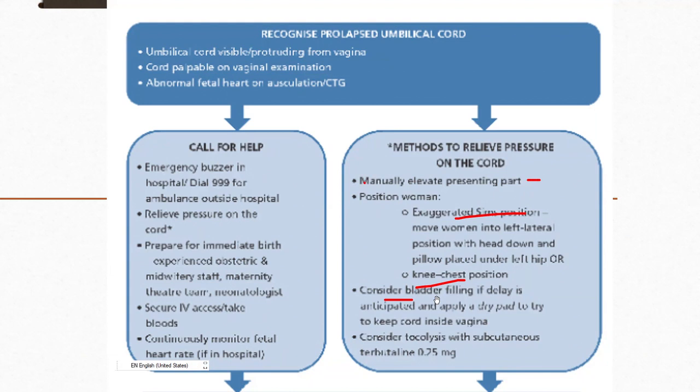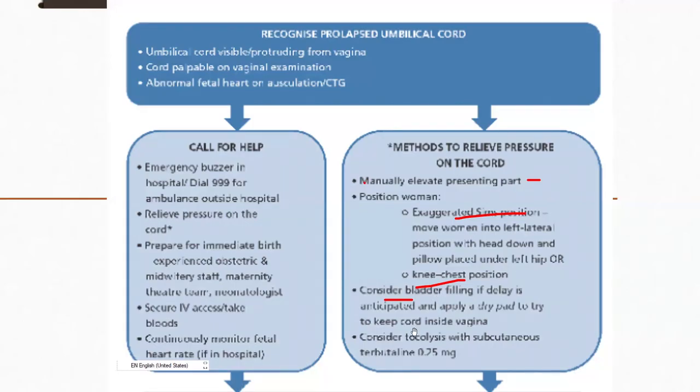So you are not going to replace the cord into the uterus or into the cervix, but you can wrap the cord with a sterile gauze and keep it inside the vagina to prevent it from falling down. You are not going to manipulate it because the cord will go into spasm and it will create further problems.